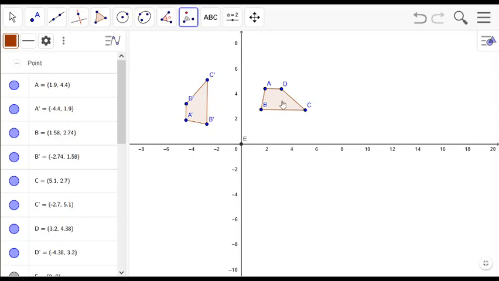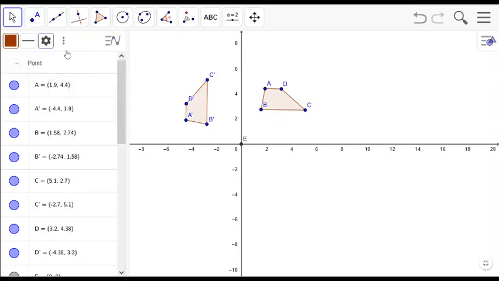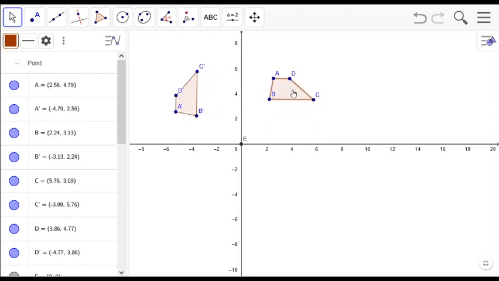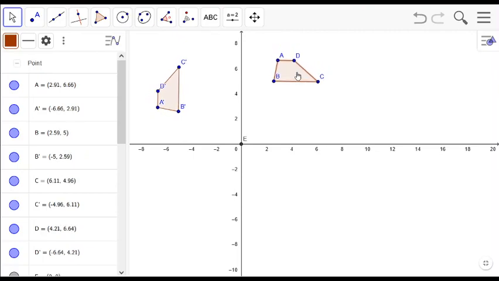We can manipulate this one. We can make it move. If I click this arrow, then click move, then click on this item, I can move the object to get different coordinates.